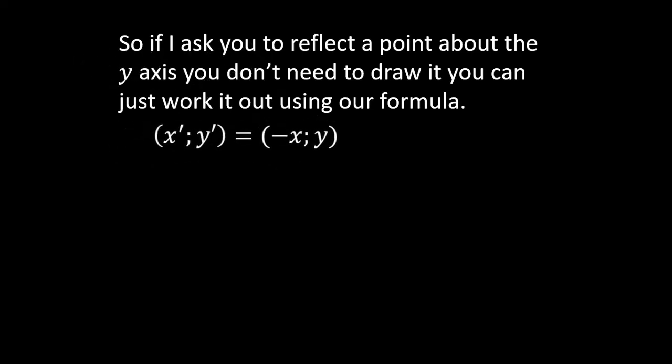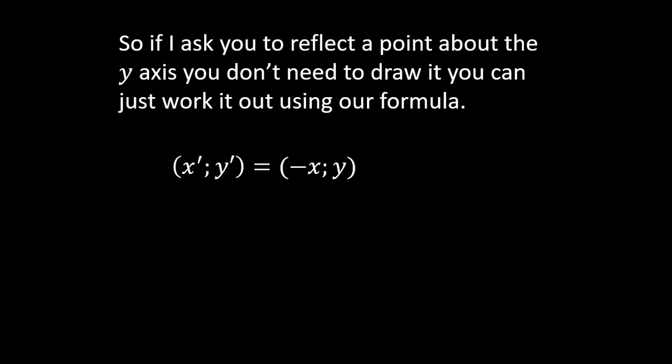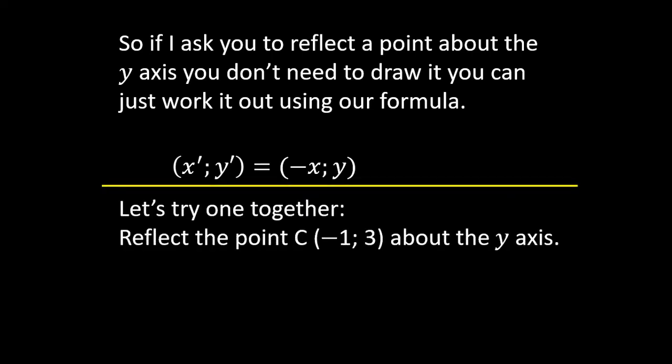Let's look at one together using our formula. (x', y') equals (-x, y). So reflect point C, which is (-1, 3), about the y-axis. Let's use our formula.